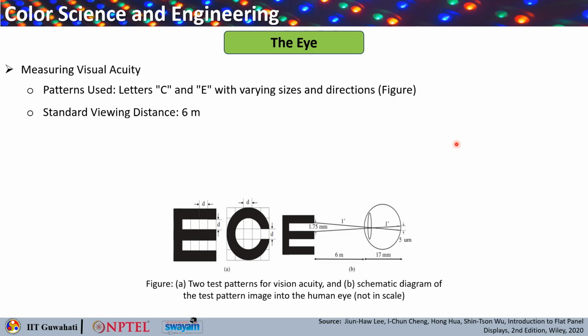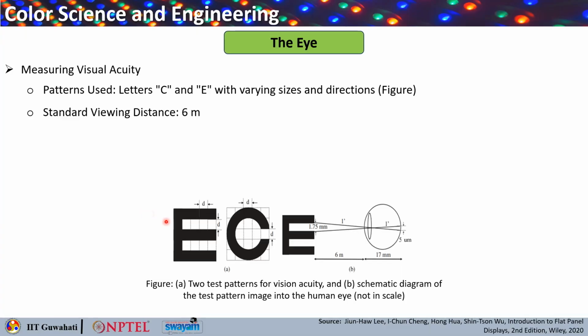Next is, how do you measure the visual acuity of the eye? So, many of you might have done an eye test in an eye hospital or even in any ophthalmology shop or any eyewear or specs shop. There, typically people use these letters C and E of different sizes and different directions to find out how good is your eye vision, okay.